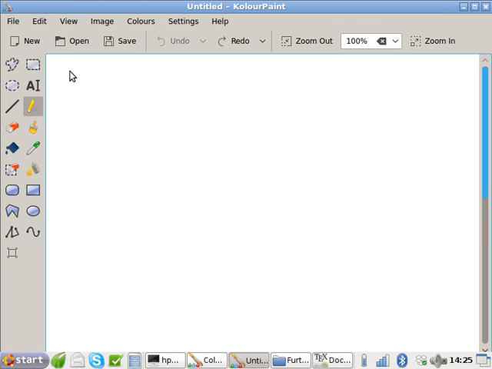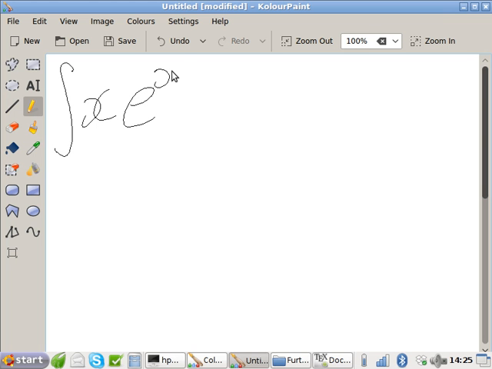Okay, let's say we have something like this: integrate x e^(x squared) dx. What do you think we should let u equal to here?